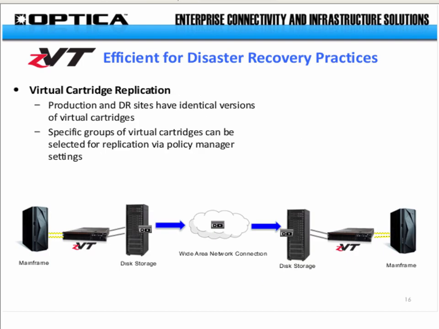Virtual tape also gives you a lot of flexibility with disaster recovery. You could have the data set on your virtual cartridge and in a disk array locally at your production site, and replicate that to a disaster recovery site, or it could be replicated to another corporate location.